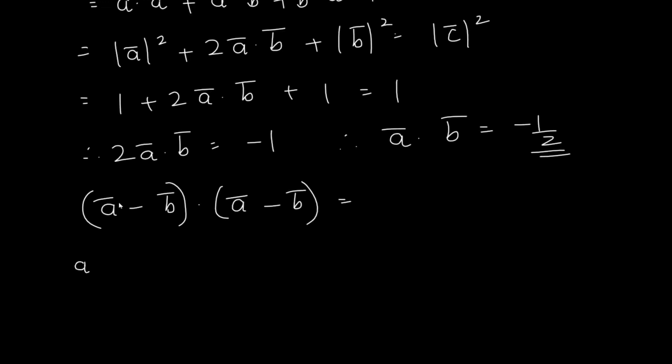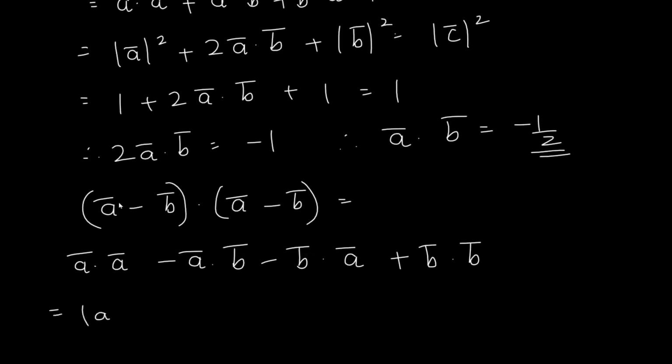Which gives us A dot A minus A dot B minus B dot A plus B dot B, which is mod A square minus 2A dot B plus mod B square. And all these values we know actually, isn't it?